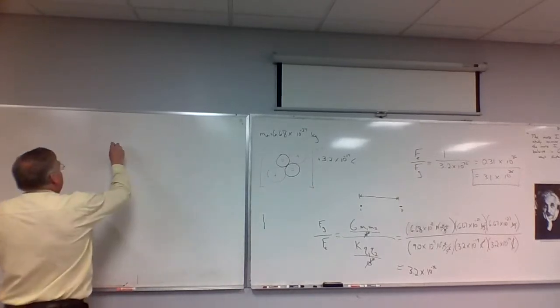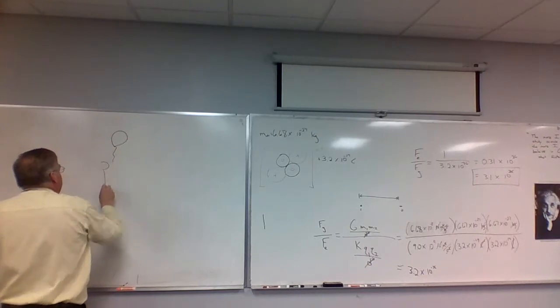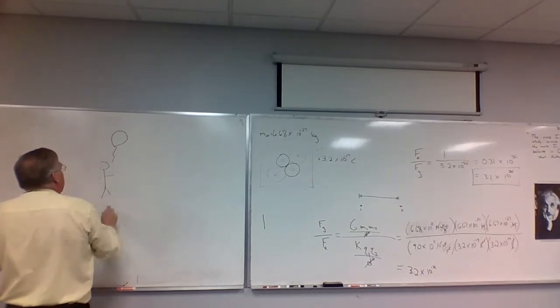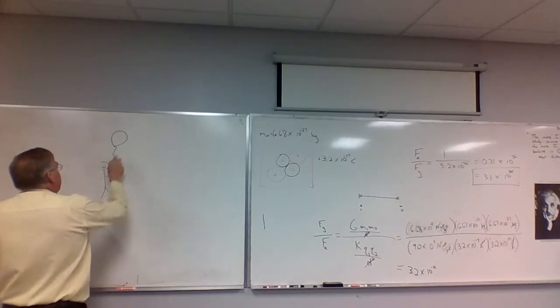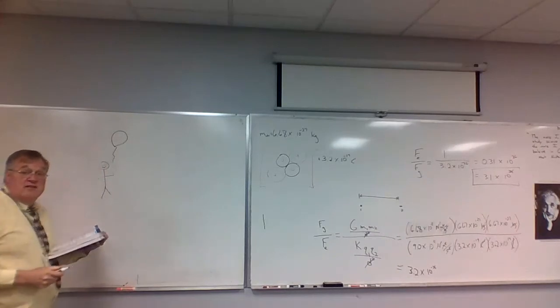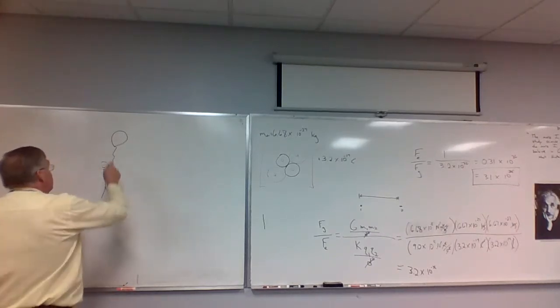All right. Macy rubs a balloon with wool, giving the balloon a charge of minus 8.9 times 10 to the minus 14. So here's a balloon that Macy has made and charged up. We'll call it a helium balloon. It floats. It's lighter than air. So this is Macy's balloon.